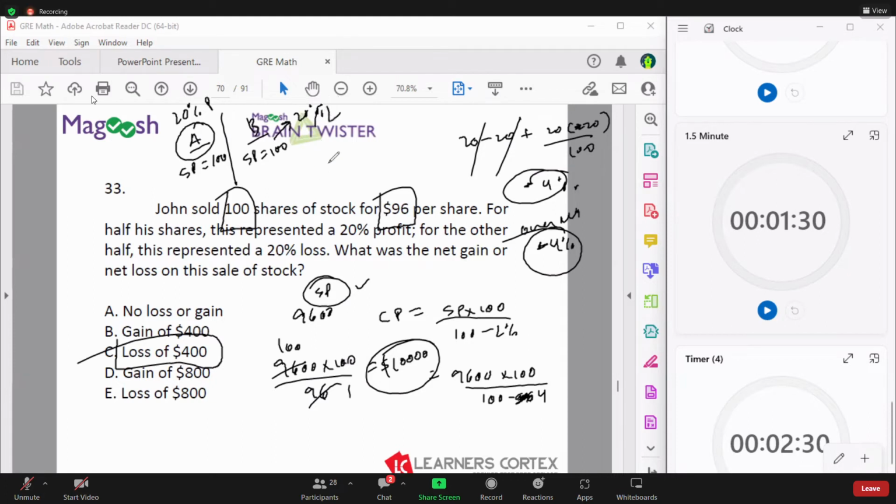So what you can do is solve this by successive percentage. Since it is 20% profit, it will be plus 20, 20% loss would be minus 20, and then plus 20 times minus 20 over 100, which would give us minus 4%. And again, then you can take out the overall profit or loss. Anyone who did not understand wants me to repeat it by a different method?